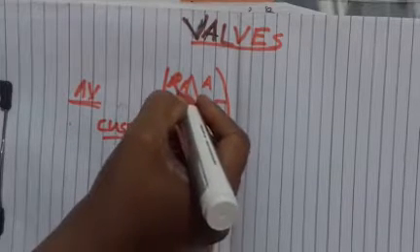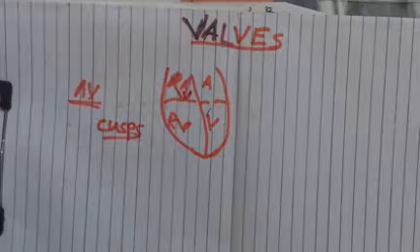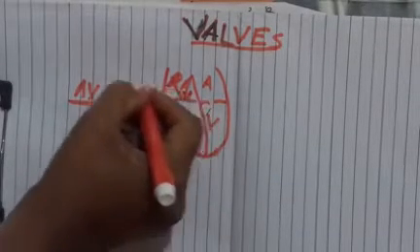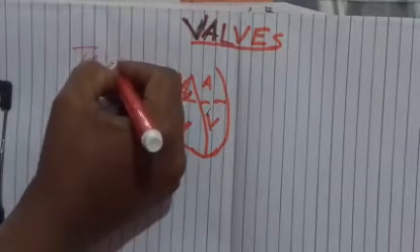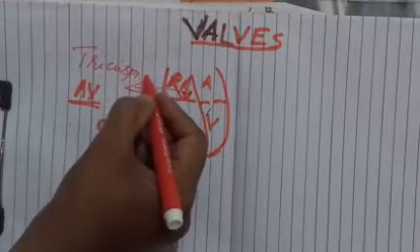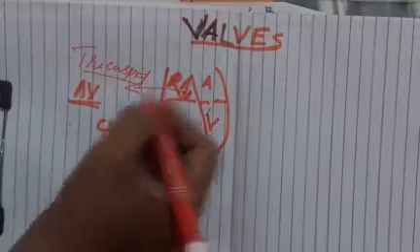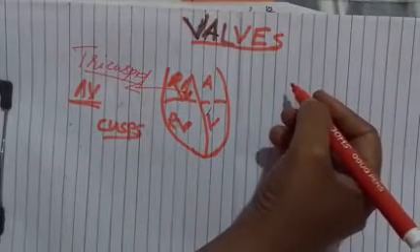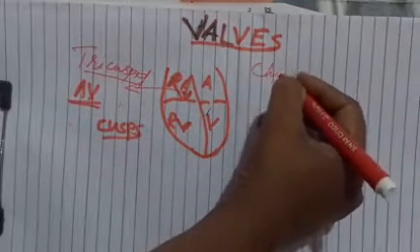Here we can see the three triangular flaps. These valves are held in position by a fibrous connective tissue known as chordae tendineae.